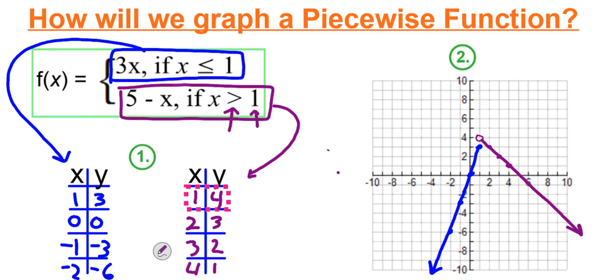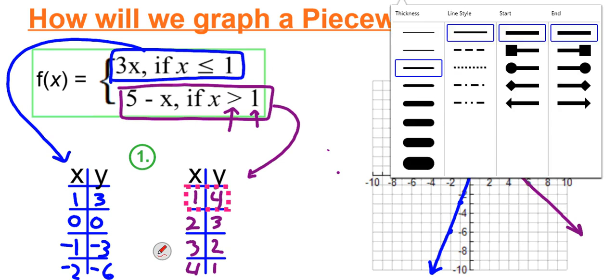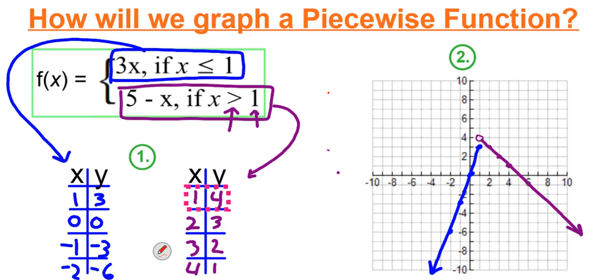Now, let's stop and remind ourselves why we needed that open hole. All right, let's have this conversation real quickly. If we didn't have that open hole and we started with x is equal to 2, we would miss out on all of this part of the graph, right?